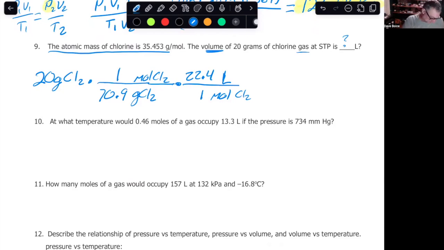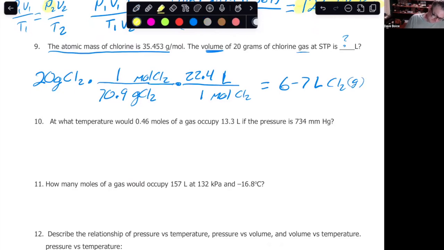But in my calculator, I'm going to do 20 divided by 70.9 times 22.4 to come up with my final answer. And that answer is going to be somewhere between 6 to 7 liters of Cl2 gas.